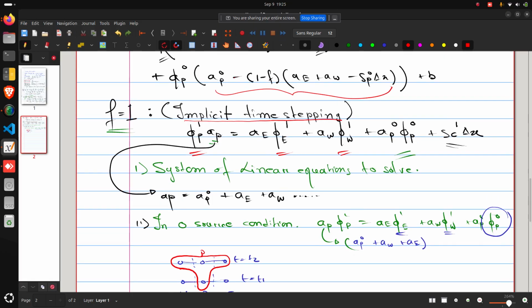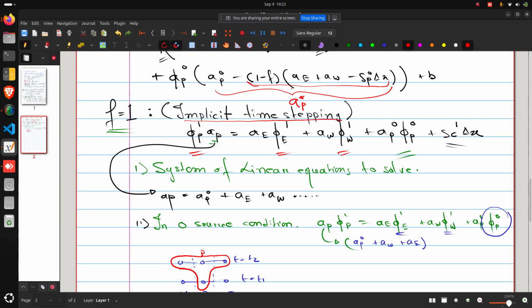So for example, let's write this coefficient as AP star. So AP star might become 0, right? It might become 0 when AP naught is less than this whole value, and this will again result in an unbounded solution, right?